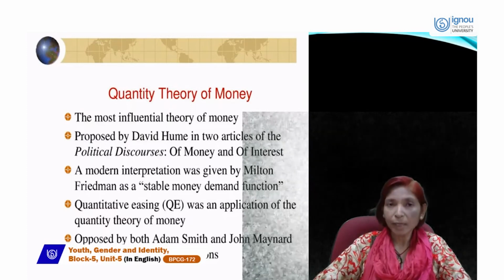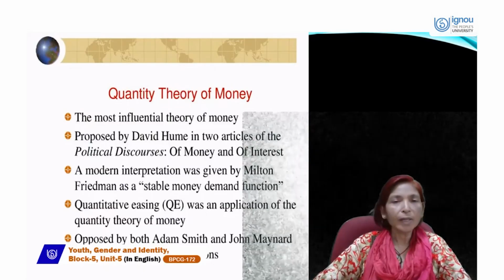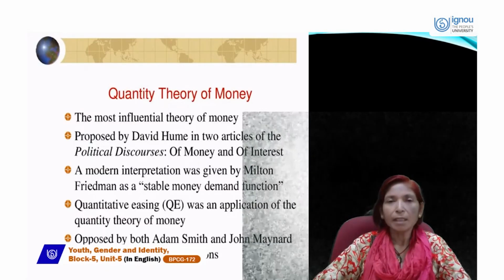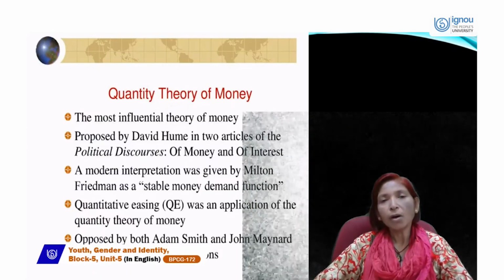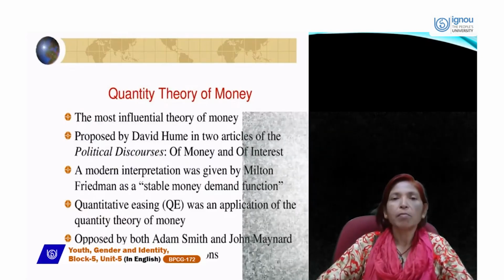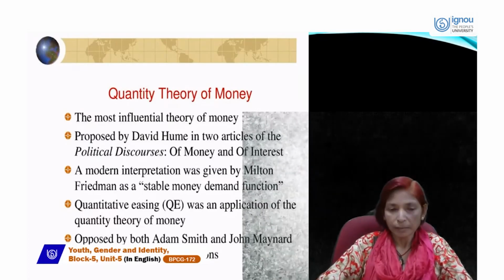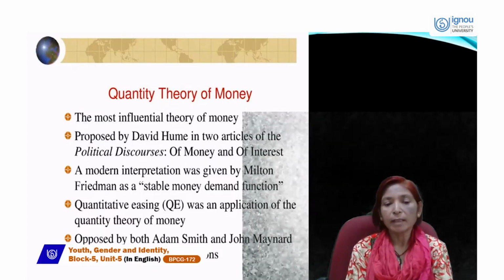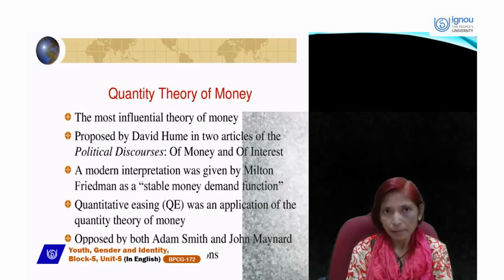It means what money is, how we can earn money, how we can spend money, how we can generate money, all these things which are related to money. This is known as economics, in which we study all functions and meaning of money, multiple creation of money or money multiplier, everything. So the quantity theory of money was opposed by Adam Smith and John Maynard Keynes.